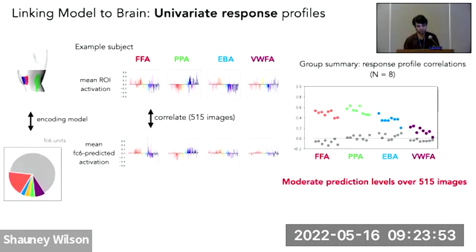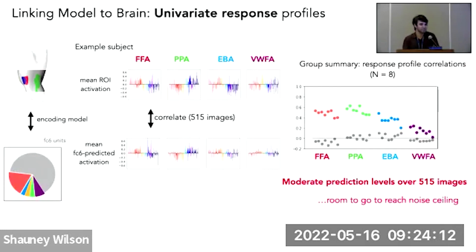We find moderate prediction levels overall, definitely above 0, but certainly with room to go to reach the noise ceiling, especially in VWFA, which makes that region particularly interesting to think about in relation to the rest of the selective areas. We also find that the trained model subsets do far better than untrained model subsets.